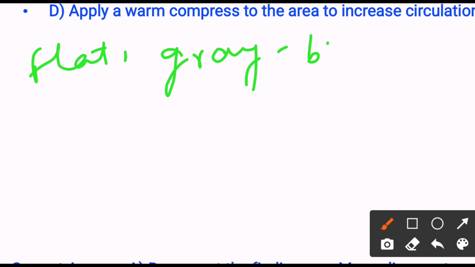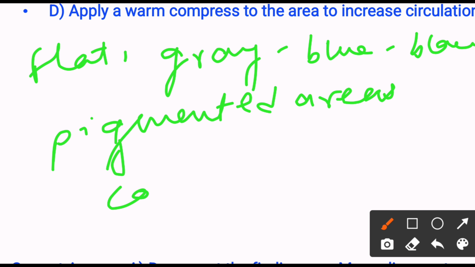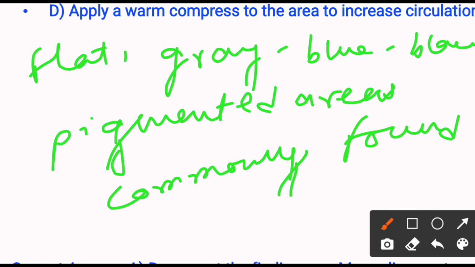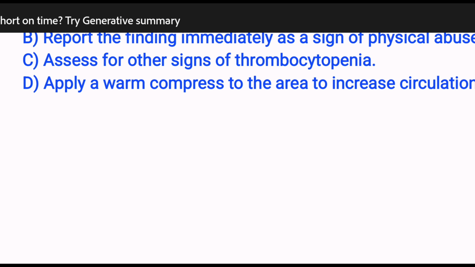The features are flat gray, blue, black pigmented areas, commonly found in newborns of African, Asian or Hispanic descent. So the answer will be option A.